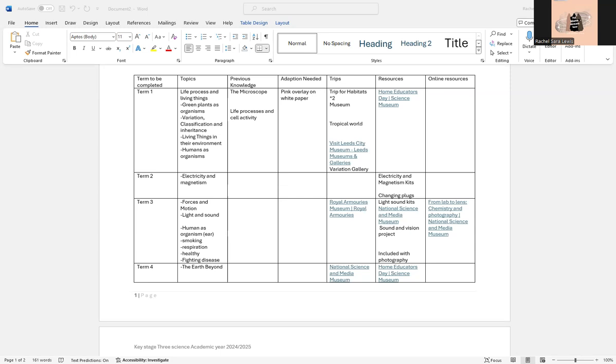As we'll be doing things like the human ear and smoking, respiration, healthy living, and then also fighting disease, we'll be going outside of the box with that also, and visiting some places like hijama practitioners, so that we can look at things like cupping and prophetic medicine. So I need to plug that in somewhere.